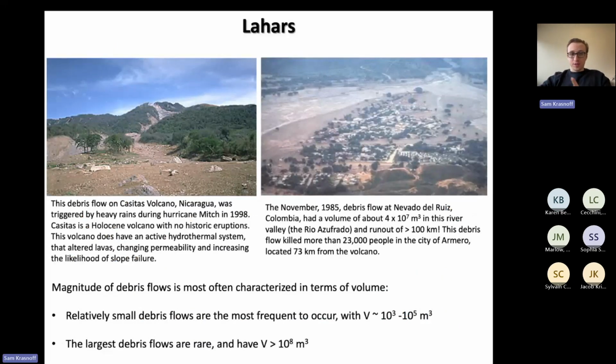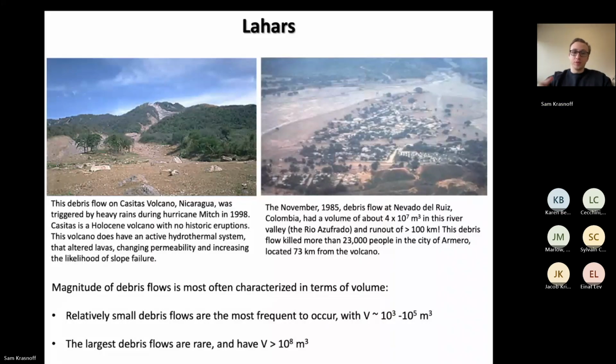Here are two examples. Like you saw on the right, Sylvain, you were close. It says November 1985, so this is Colombia. You can see a volume of about 4 times 10 to the 7 cubic meters, and it reached over 100 kilometers away from the initial eruption or initial debris flow point.